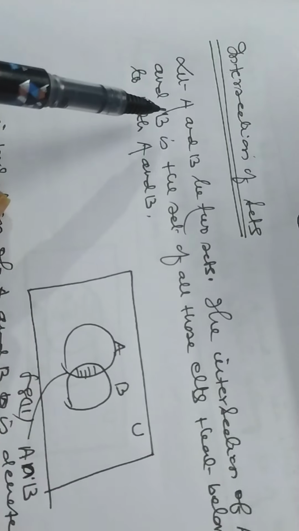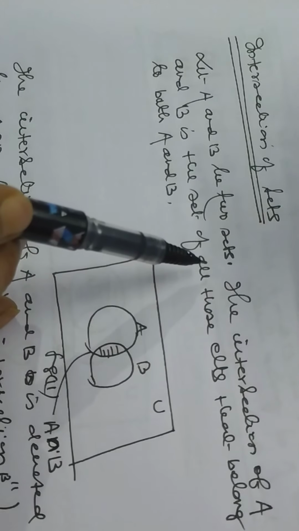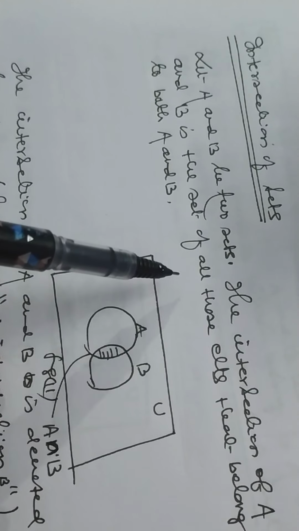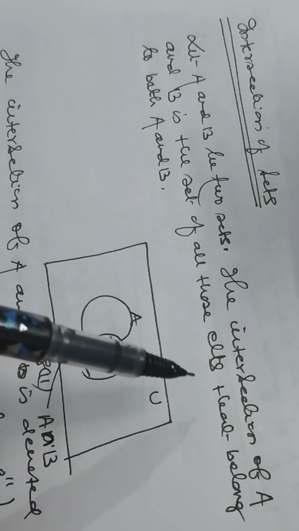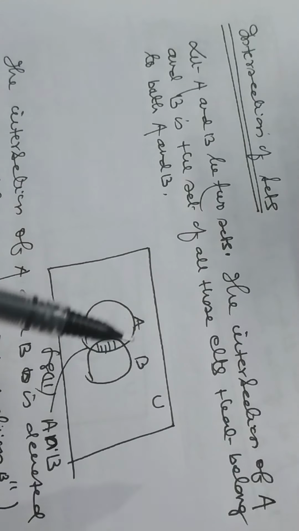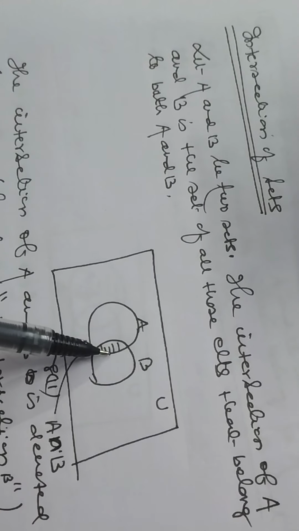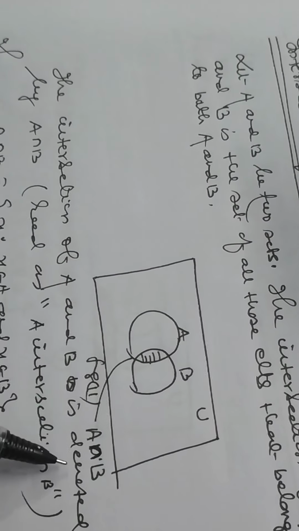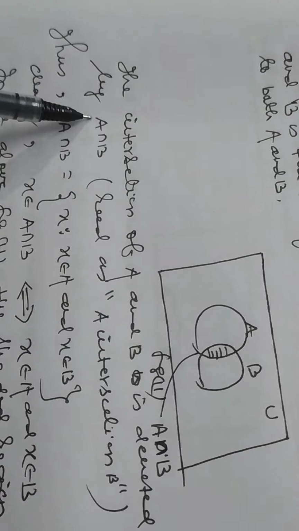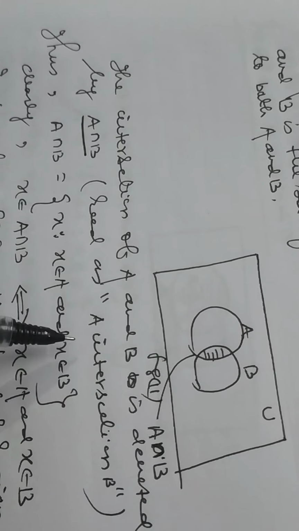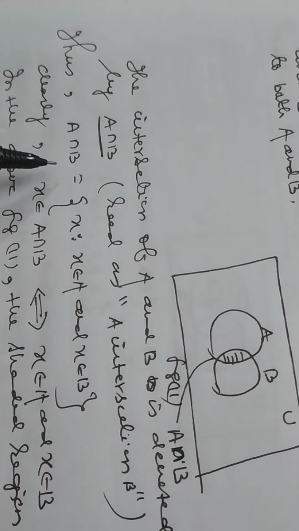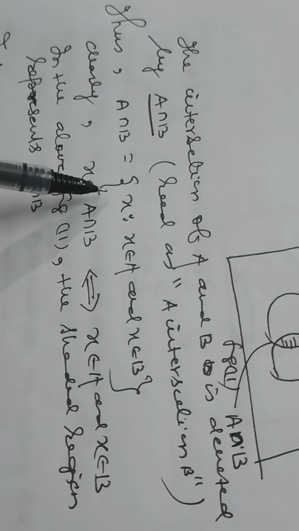Intersection of sets. Let A and B be two sets. The intersection of A and B is the set of all those elements that belong to both A and B. See this figure. Both A and B. The intersection of A and B is denoted by A intersection B and read as A intersection B. And how do you represent it in the form of a set?